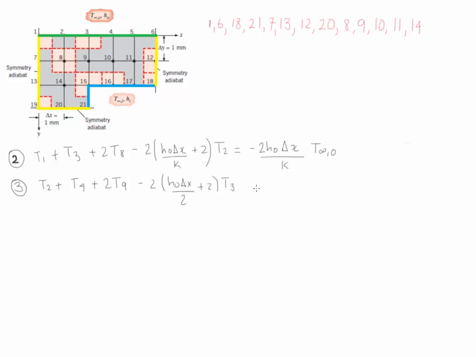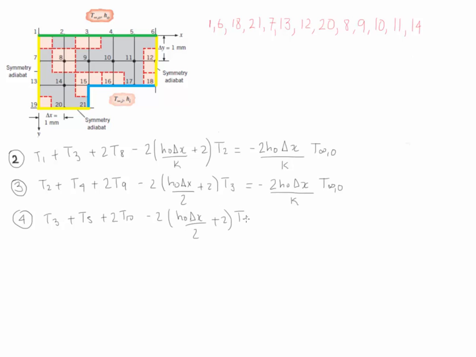This is T3 minus 2HO delta X over K T infinity O. The same structure goes for node number 4, and the surrounding nodes are going to be 3, 5, and 10. And the rest of this structure looks pretty much the same.